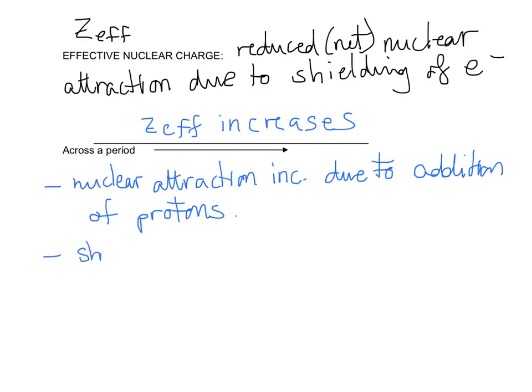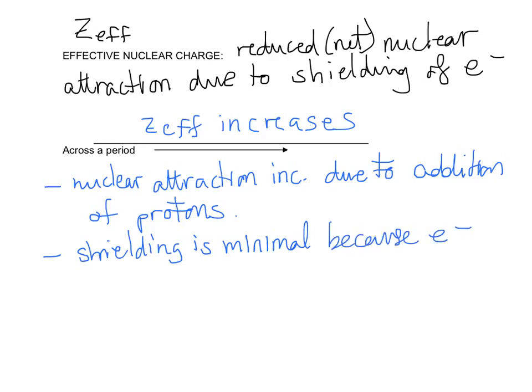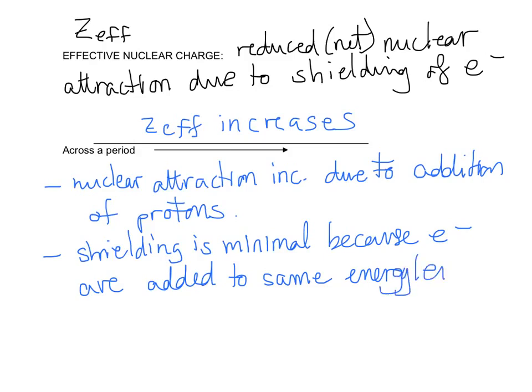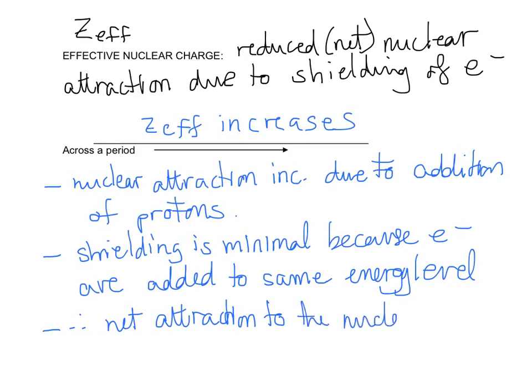And at the same time, shielding is minimal because the electrons are added to the same energy level. And so therefore, the net attraction, which is basically Zeff, to the nucleus is stronger or increases.